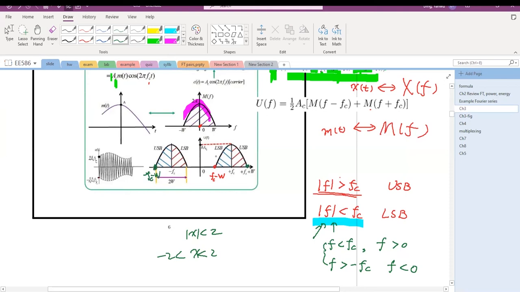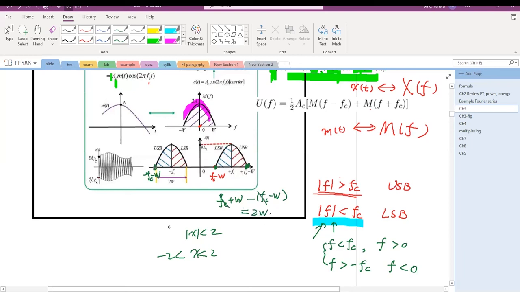Right? So the bandwidth for the modulated signal is FC plus W, the highest positive frequency that is non-zero, minus the lowest frequency that is non-zero, so FC minus W. What is that equal to? Now the FC cancel each other out. This is 2W.